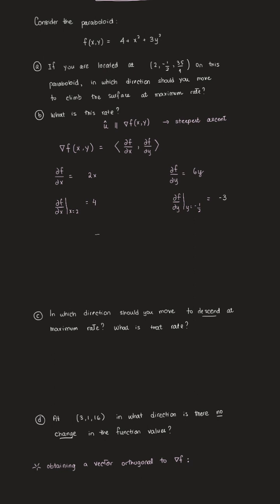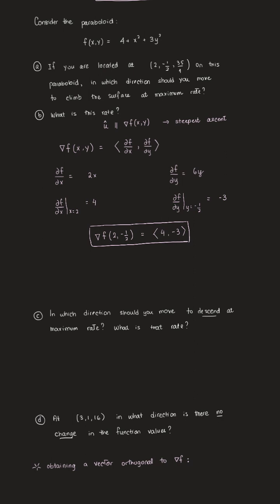So our gradient at the point is the vector 4, negative 3. So if we travel in the direction of this vector, then we will be climbing fastest on our surface starting at the point 2, negative 1/2, 35/4.